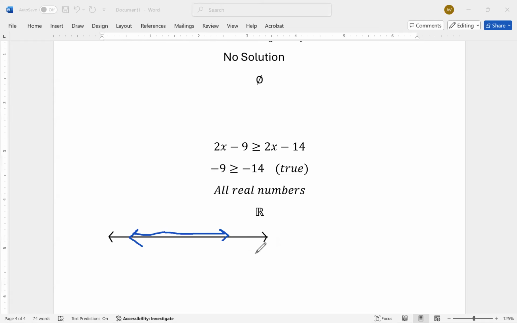And if somebody wanted to do interval notation, they could do that as well. They would just go from negative infinity up to positive infinity with all real numbers. So forever to the left, forever to the right.